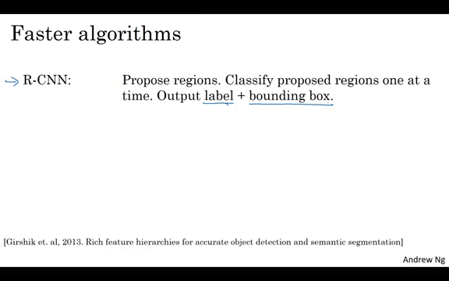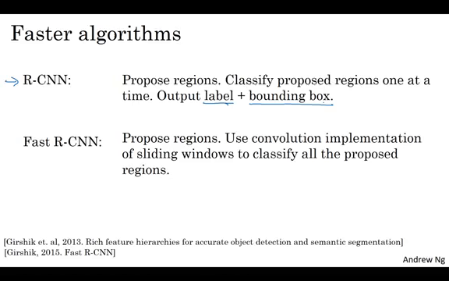So it can get pretty accurate bounding boxes. Now, one downside of the R-CNN algorithm was that it's actually quite slow. So over the years, there have been a few improvements to the R-CNN algorithm. Ross Girshick proposed the Fast R-CNN algorithm, and it's basically the R-CNN algorithm but with a convolutional implementation of sliding windows. So the original implementation would actually classify the regions one at a time. So Fast R-CNN used a convolutional implementation of sliding windows, and this is roughly similar to the idea you saw in the fourth video of this week.